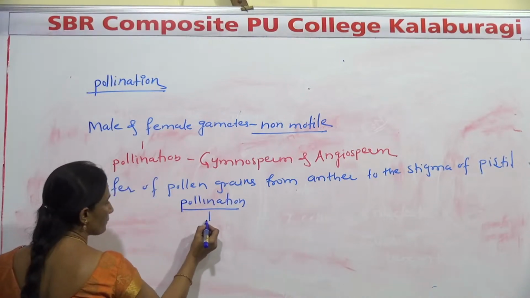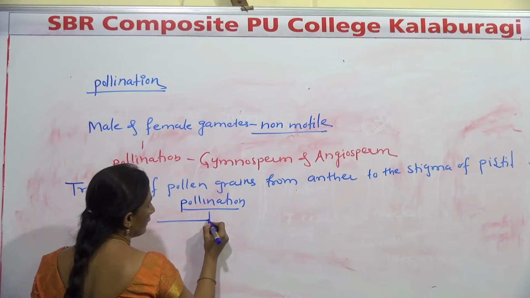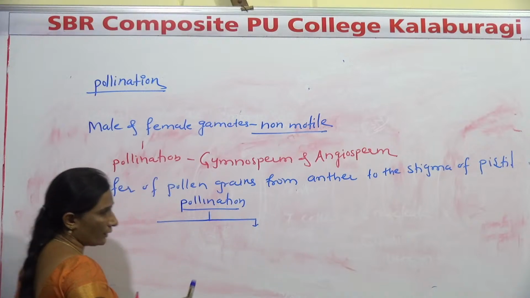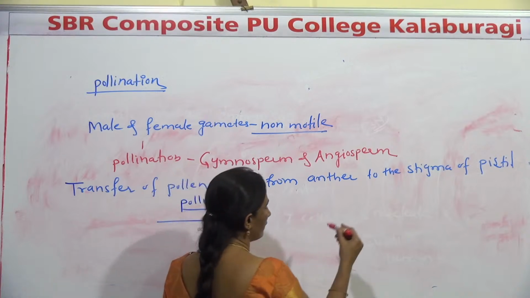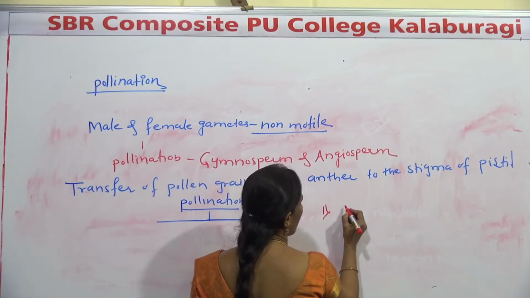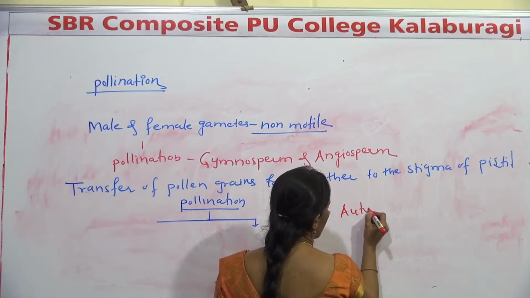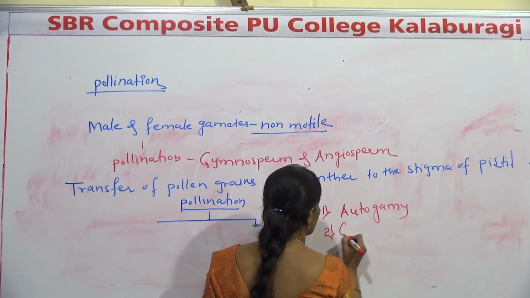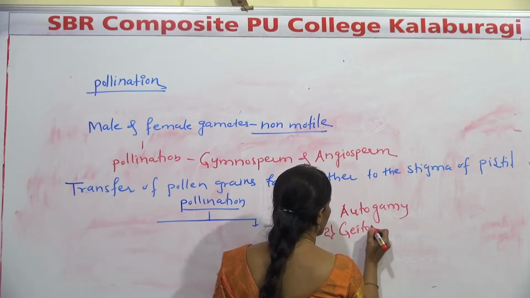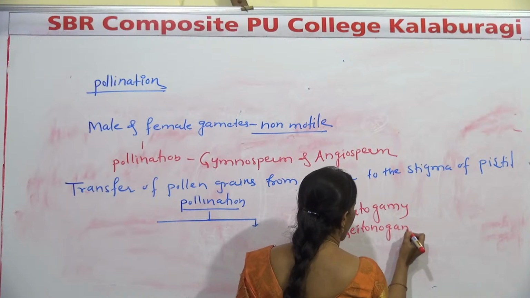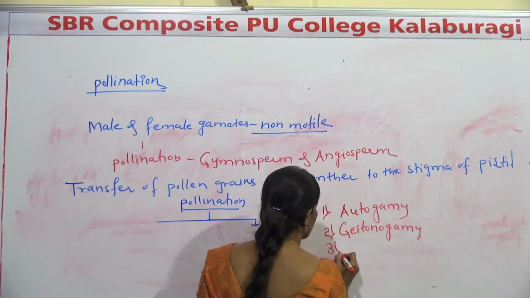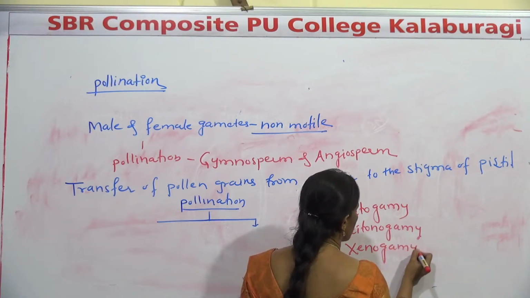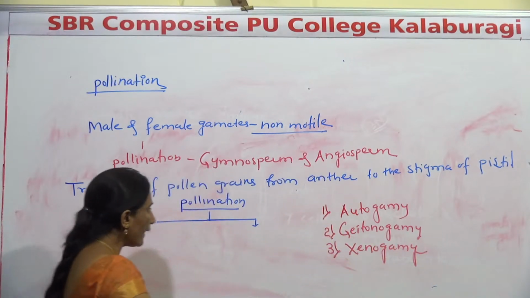Actually, as per the NCERT, three types are mentioned. Here I will write what those are. One is autogamy, second one is geitonogamy, and the third one is xenogamy.